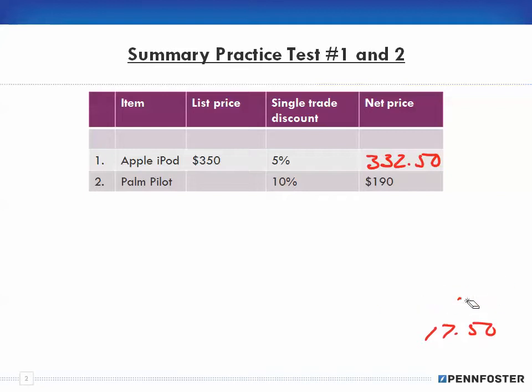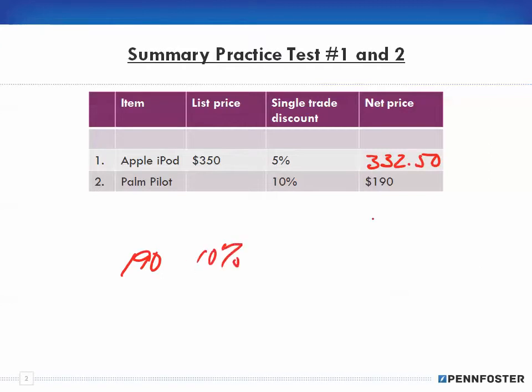All right, so now for number 2 in the Palm Pilot, it's asking us for the list price. We know what the net price is. The net price is $190, and the discount amount is 10%.